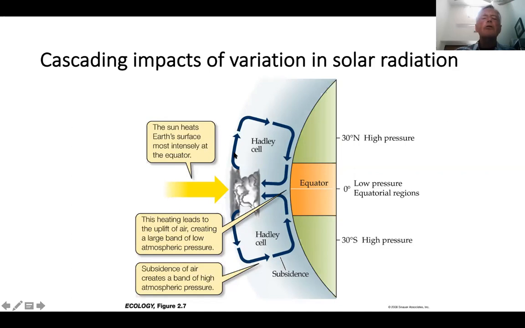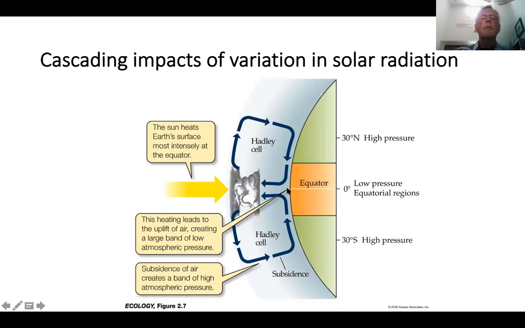And as it moves closer and closer to the North Pole, because the solar radiation is less and less, it starts to cool. And when it reaches a particular point, it falls, all right?